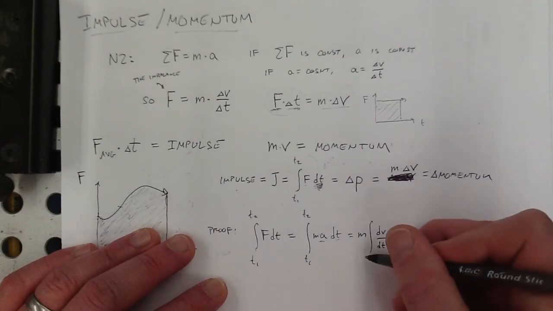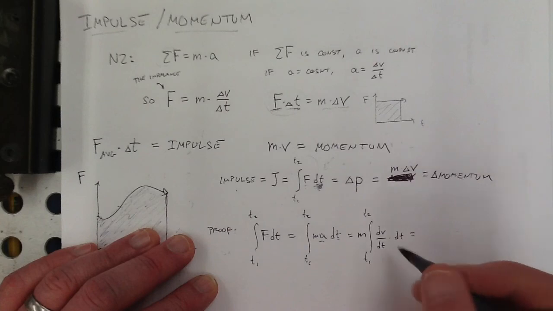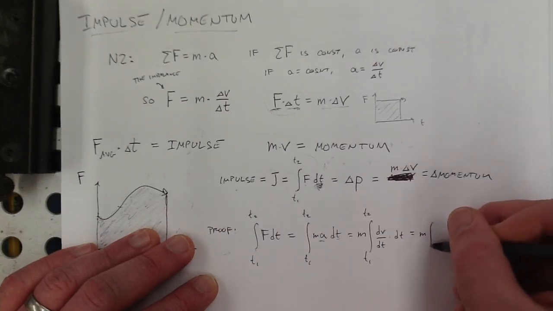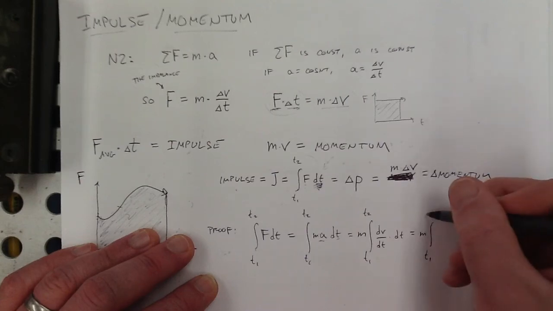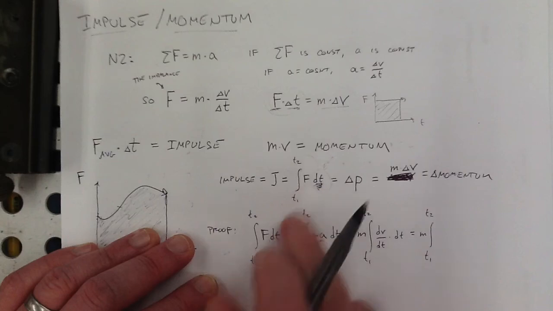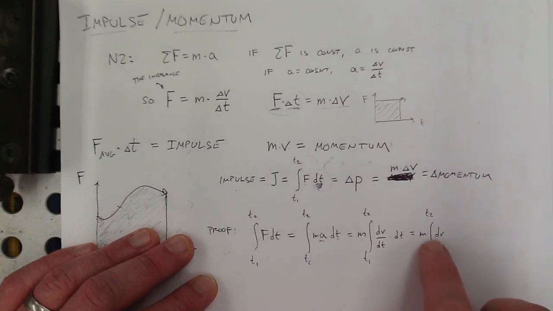And then something kind of magical happens. The dt's cancel out. And we see another huge advantage to the way we've chosen to do this notation here. The dt's cancel out, and I just end up with this. So what is that?